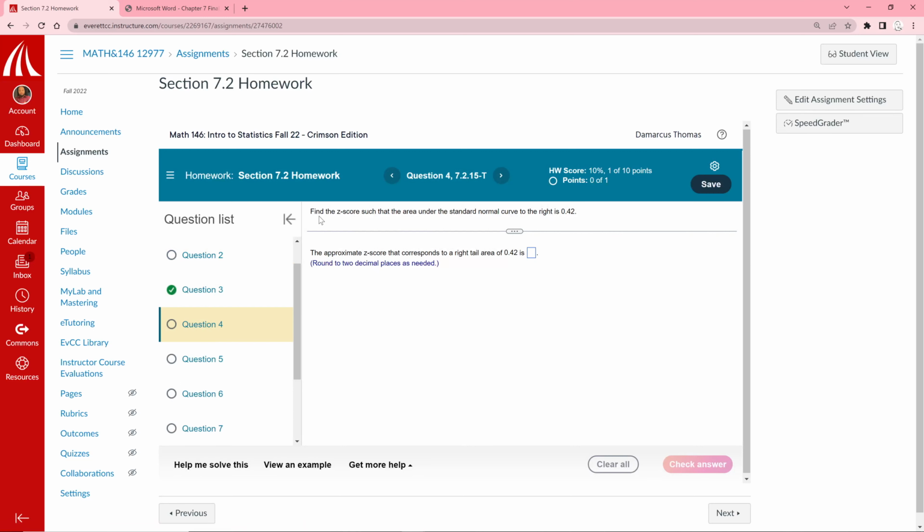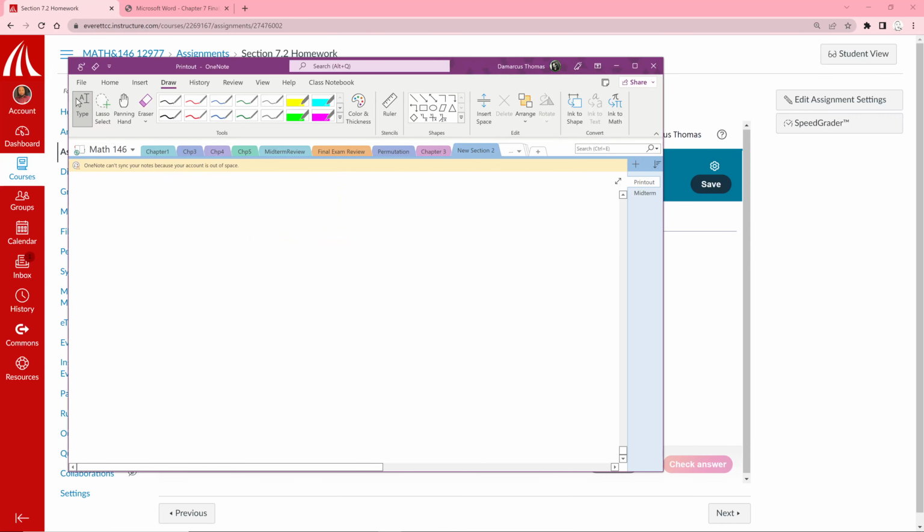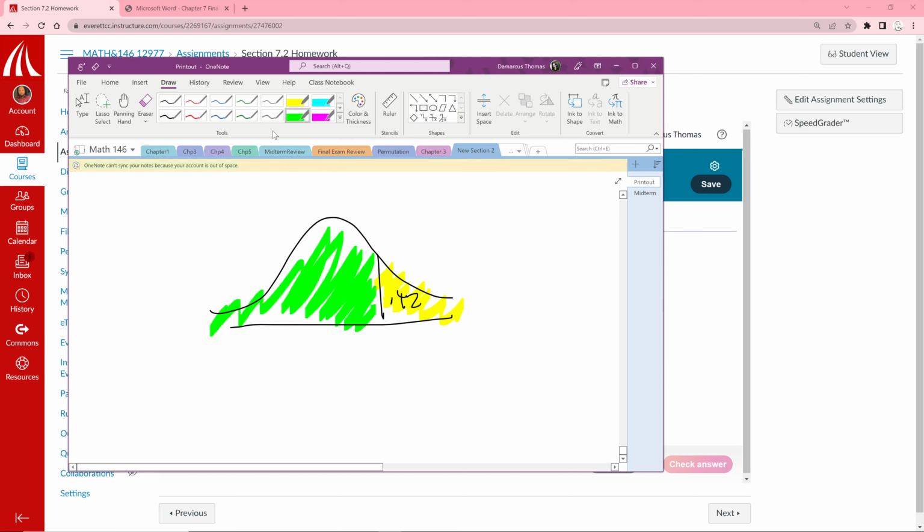So weird. So here is find the z-score such that the area under the standard curve to the right is 0.42. So for this one we would do, unless I just clicked on the wrong thing. Maybe that's what I did. So this is the area of 0.42 approximately, which basically means the area of the rest will be 0.58.